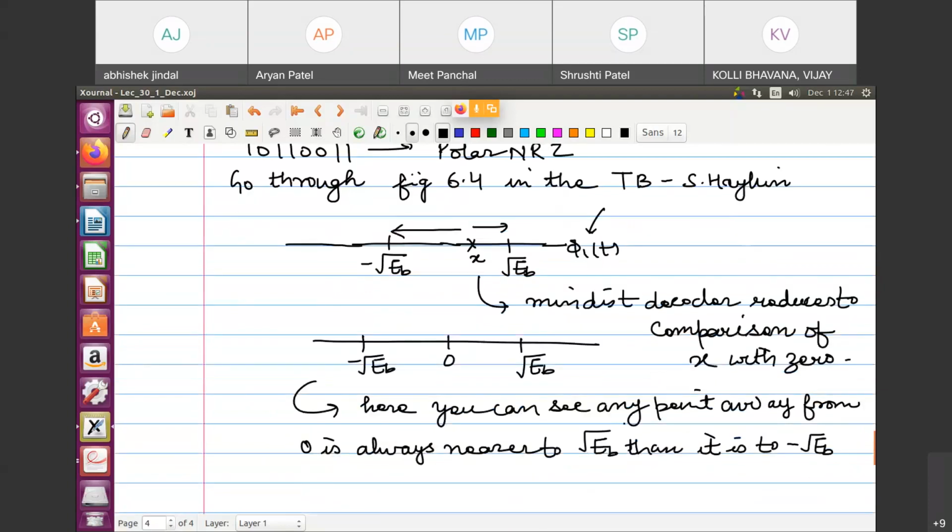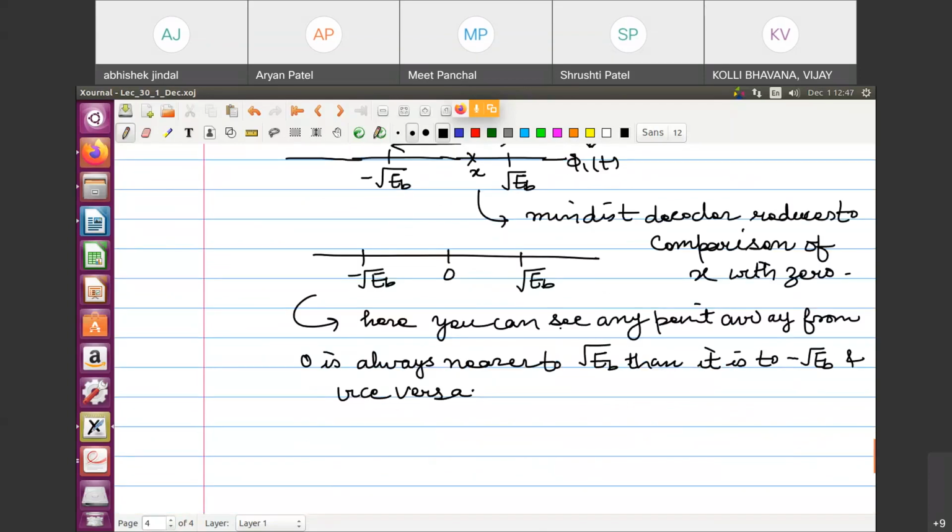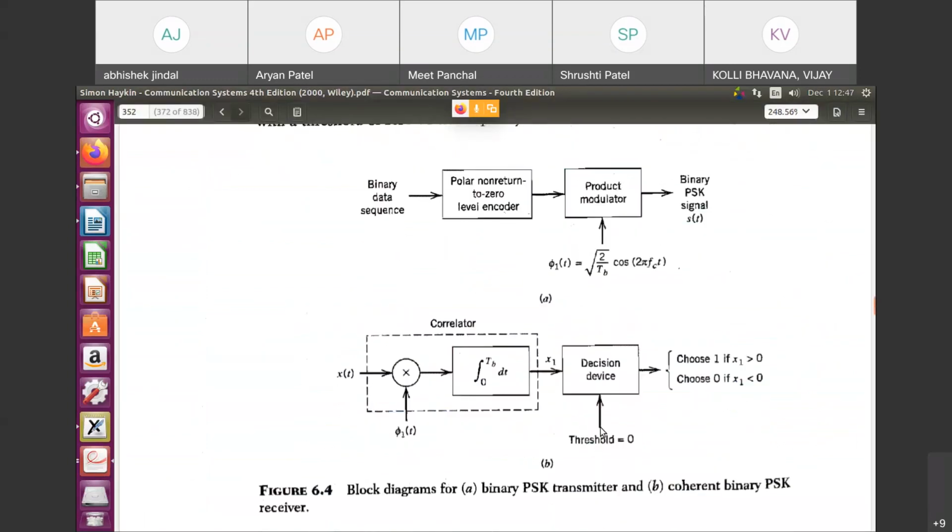And we will say vice versa. Okay, means the same happens for the points which are towards the left of 0. So because of this, the minimum distance decoder then simply reduces to comparison of x with 0. Okay, so choose 1 if x1 is greater than 0, choose 0 if x1 is less than 0.